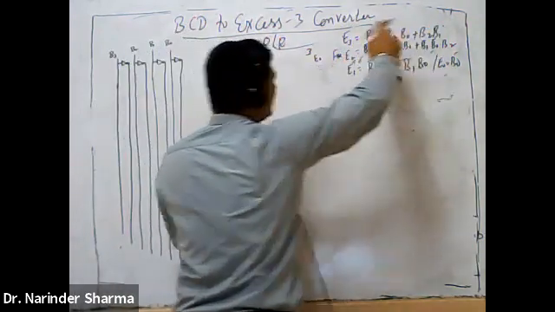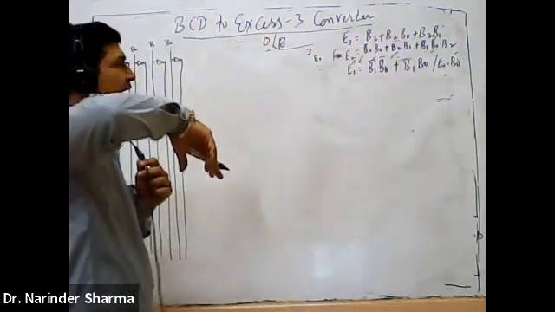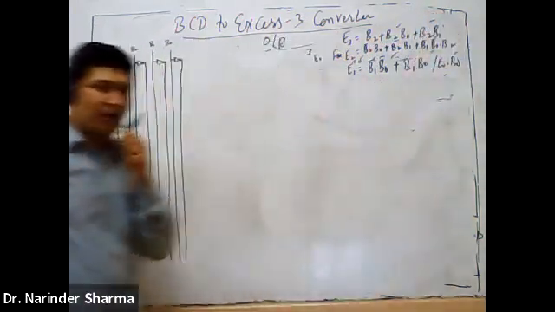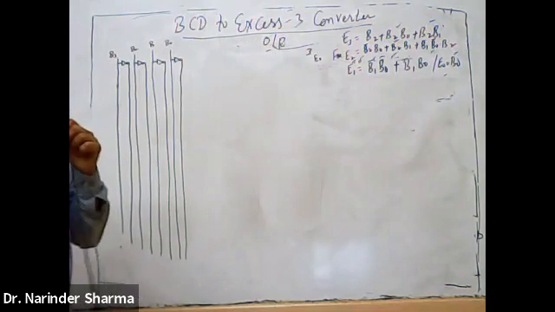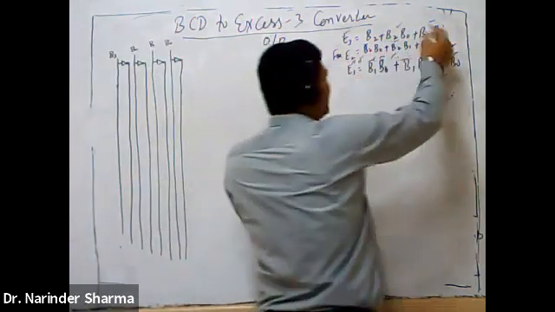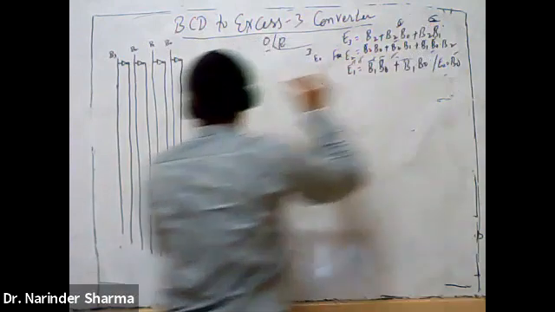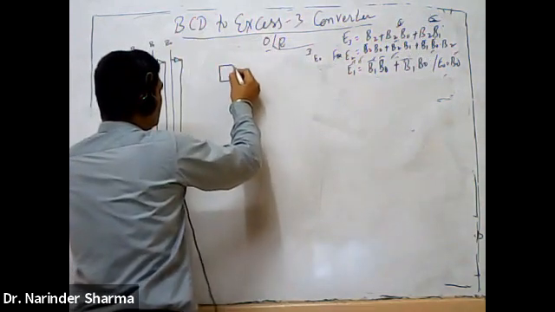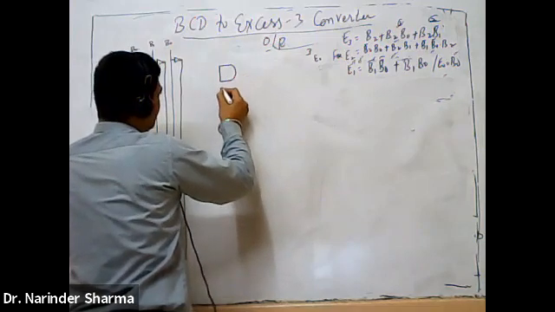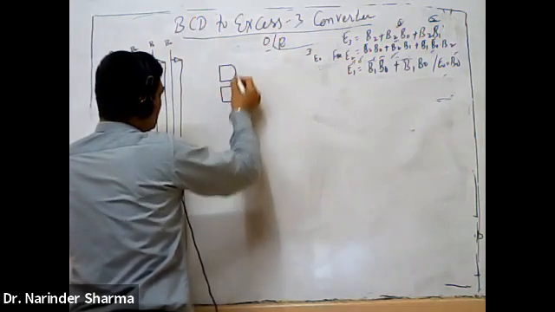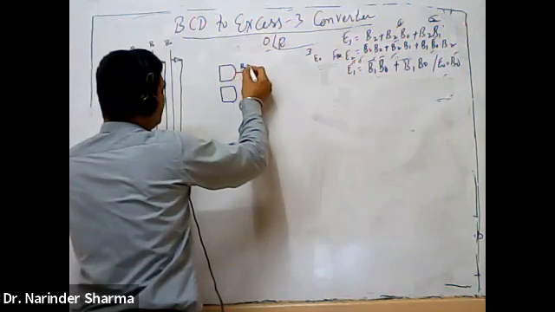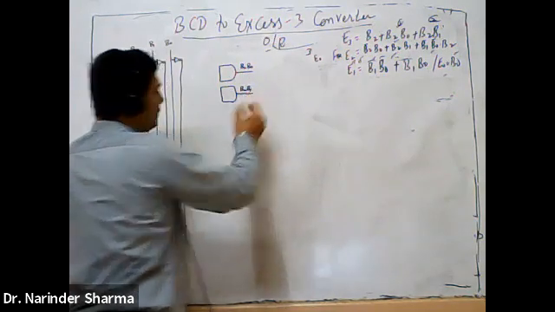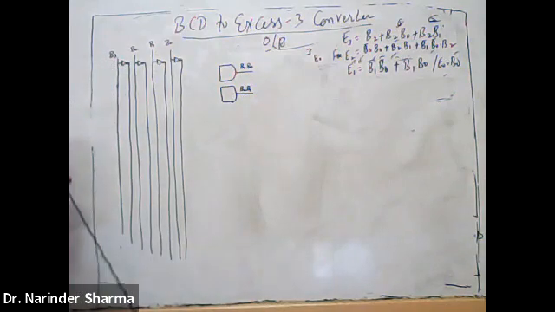1, 2, 3. 3 expressions are there and only 2 multiplications. For multiplication, we always use AND gate. So we will use 2 AND gates over here. First, second. Let us say this is B2, B0. This is B2, B1. You have to connect this B2, B0.